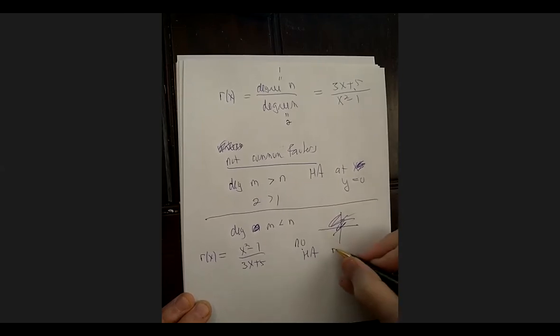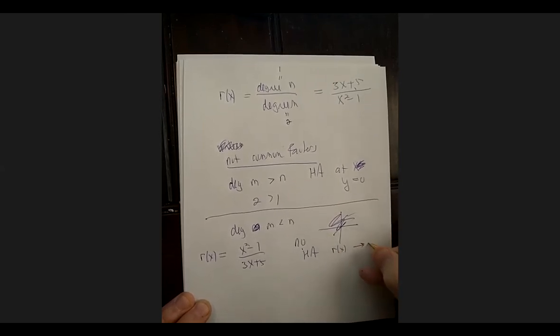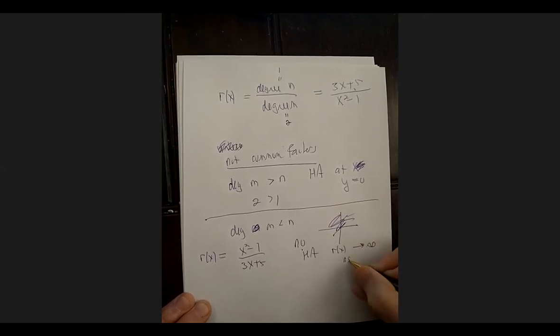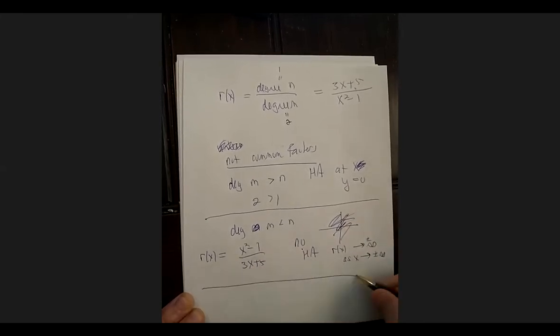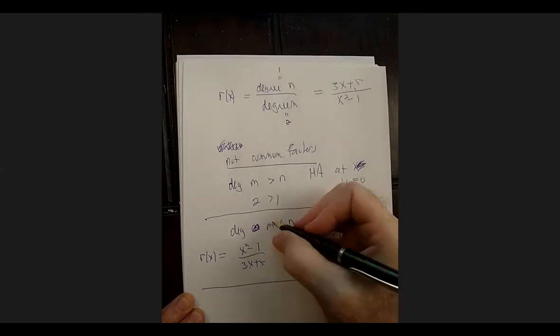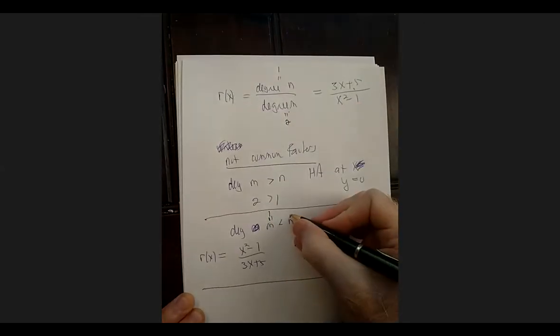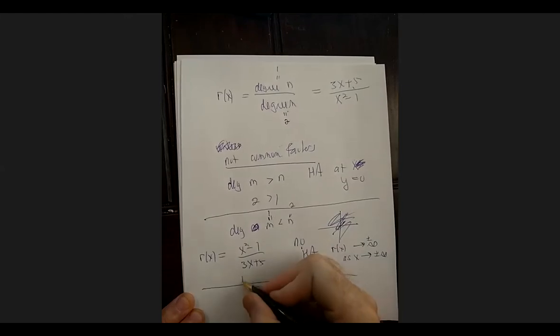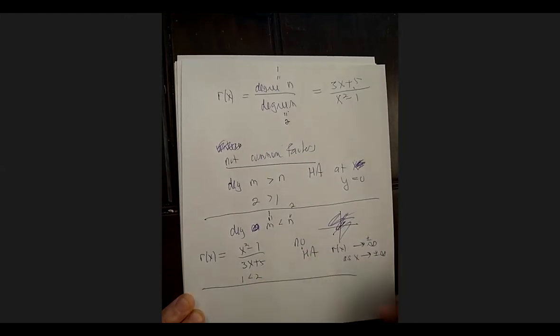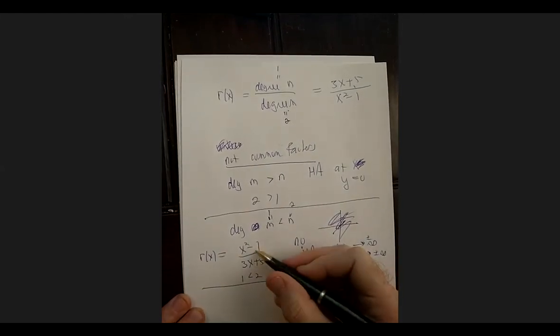The rational function f(x) is going to approach infinity or minus infinity as x approaches both plus and minus infinity. So the upshot here: we have m equaling 1, the degree on the bottom, and the degree on the top is 2. So we have 1 less than 2, no horizontal asymptote. And if you graph this, you'll see.